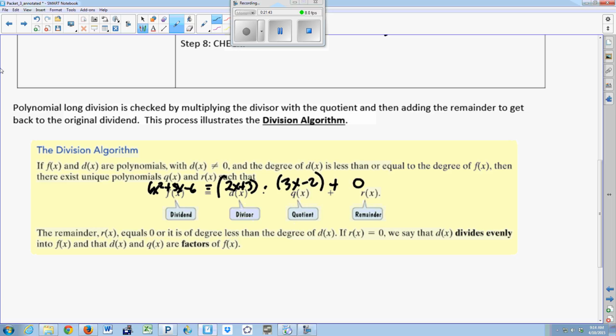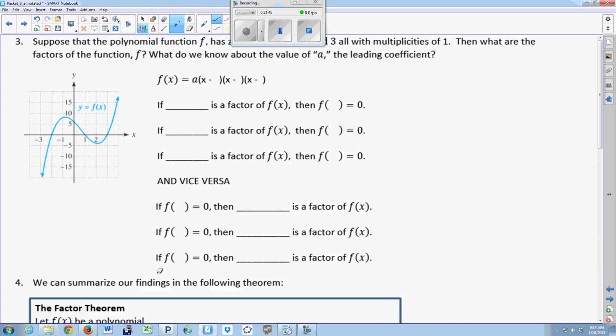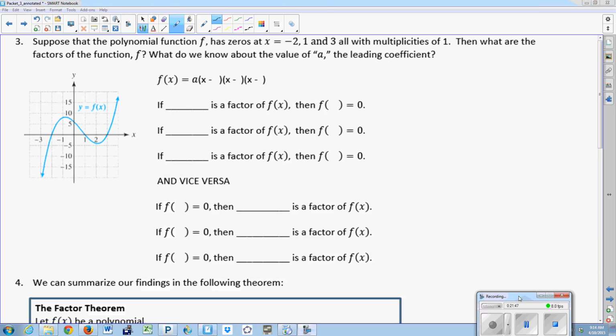So let's see how we can use this information with our polynomials, factoring. Suppose the polynomial f has zeros at x equals -2, +1 and 3, all with multiplicities of 1.